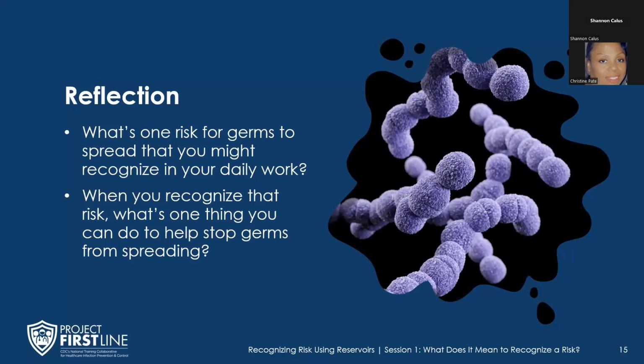Let's go one step further. When you recognize one of these risks, what's one thing you can do? One infection control action to help stop germs from spreading. Please jot down your thoughts again in your participant booklet.